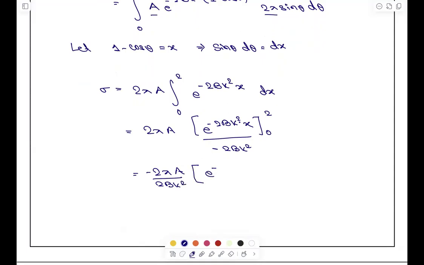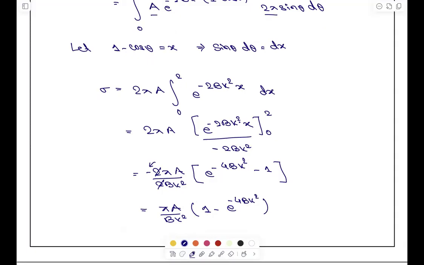It will be e to the power minus 4bk square minus 1. Now we have a minus sign in the beginning, so we can take it inside, so that the final answer becomes pi a upon bk square times (1 minus e to the power minus 4bk square).